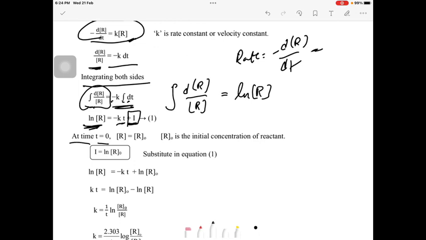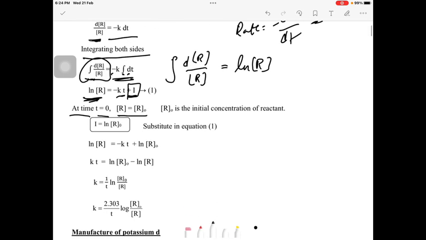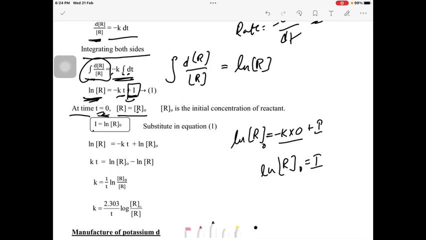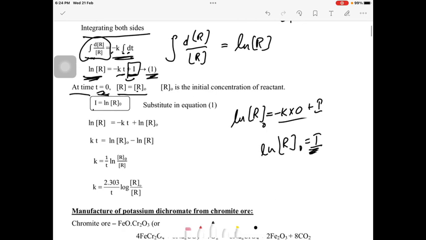At time 0, [R] is equal to [R]0. When you substitute these two values in this expression, you will get ln [R] is equal to minus k into 0 plus I. Then ln [R]0 is equal to I. Substitute the I value in equation 1, then we'll get ln [R] is equal to minus kt plus ln [R]0.